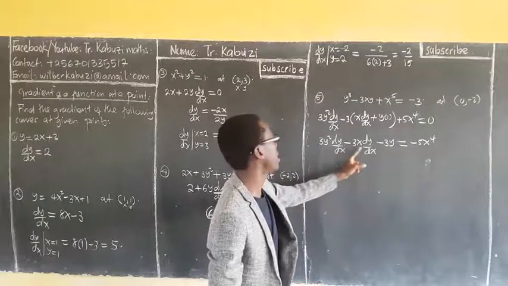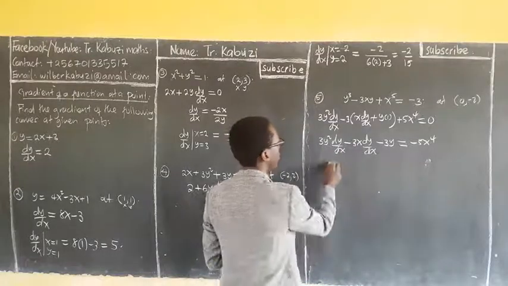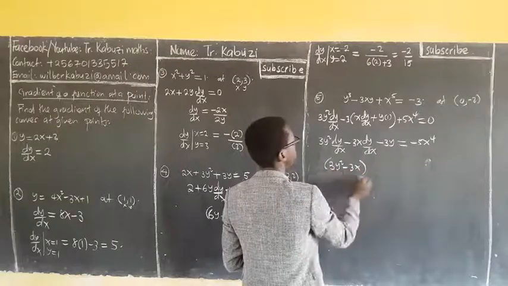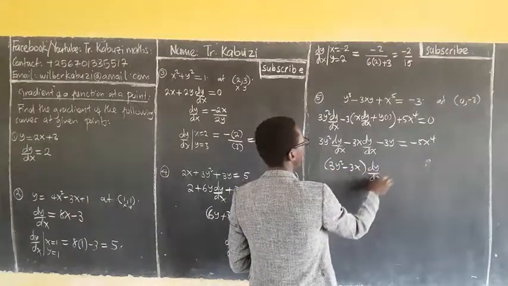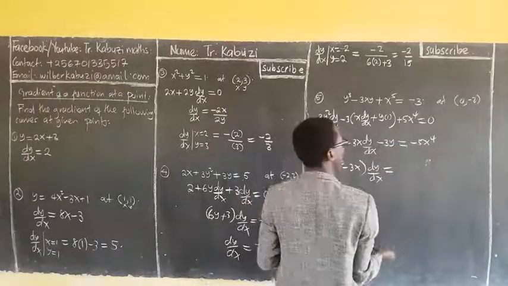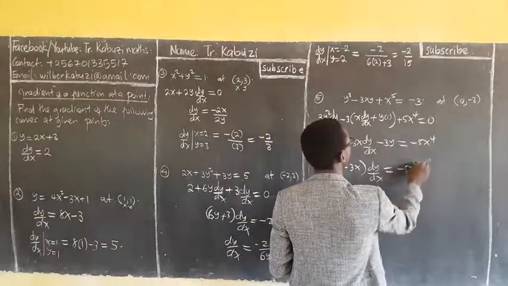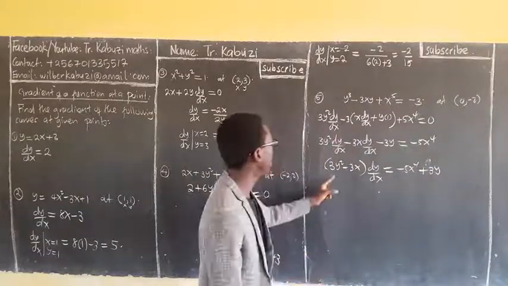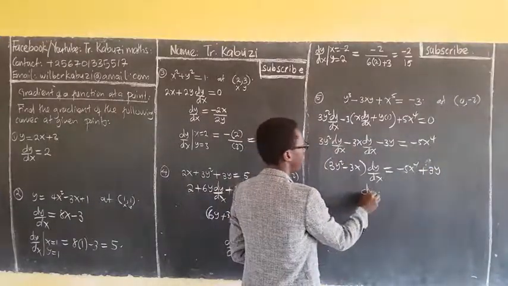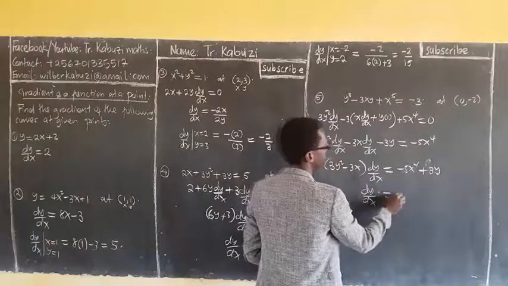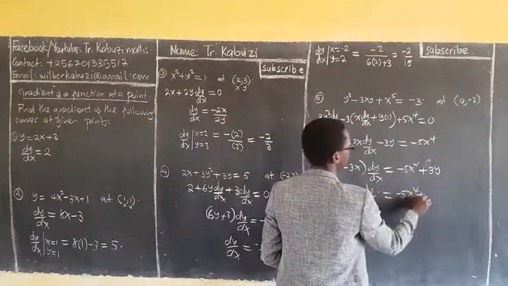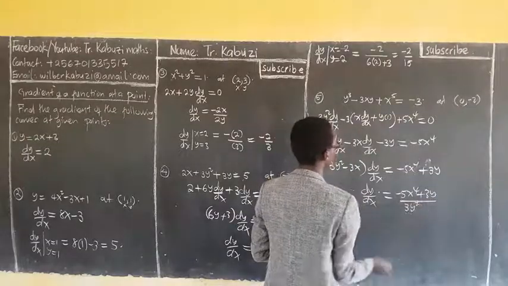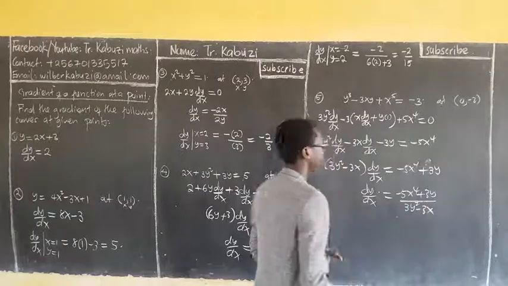So how do I get to here? We factorize it out. I have (3y squared minus 3x) times dy/dx equal to negative 5x to the power 4 on the other side, and this one becomes plus 3y. Then dy/dx becomes negative 5x to the power 4 plus 3y, over 3y squared minus 3x.